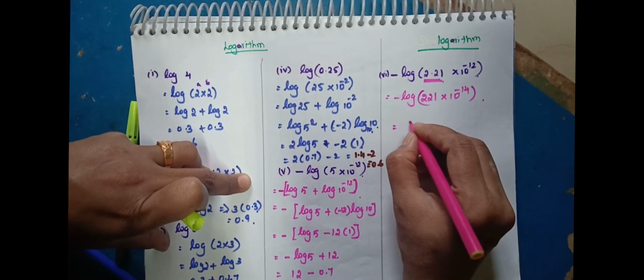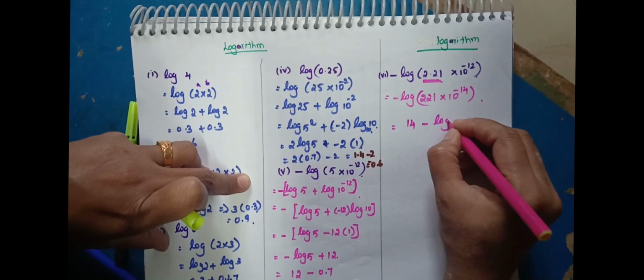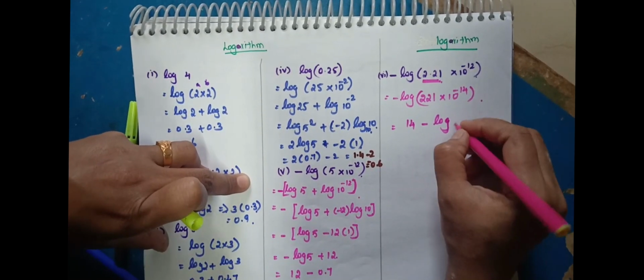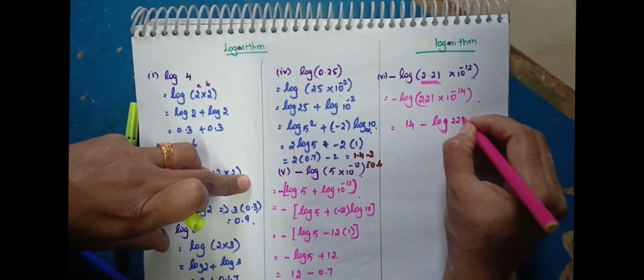Now I have changed it as 14 minus log. I have simplified the steps. You can work it out and you will come to know how I have simplified the step.